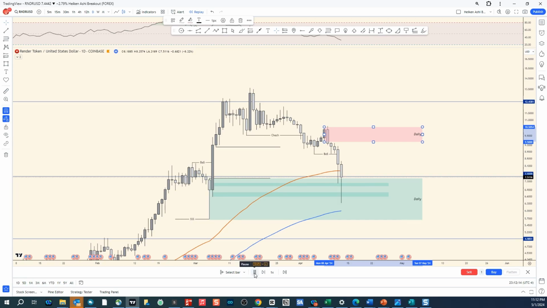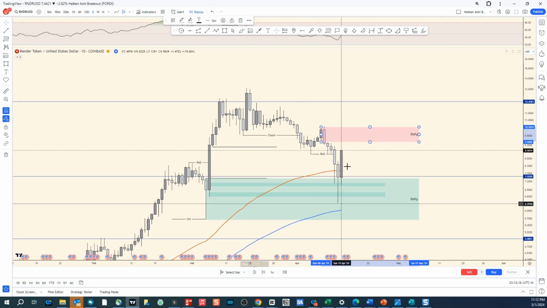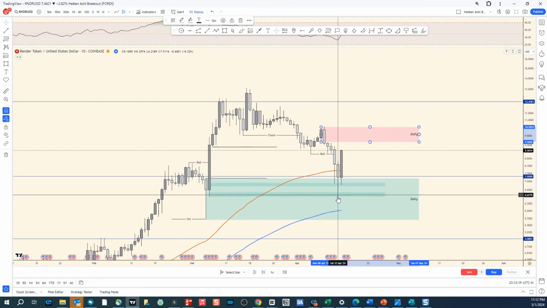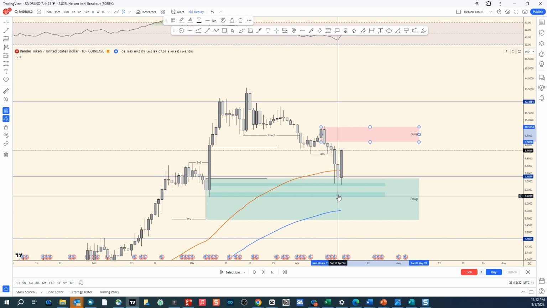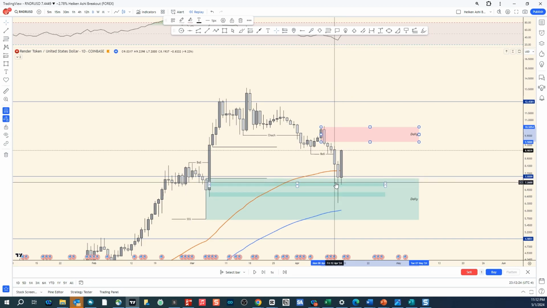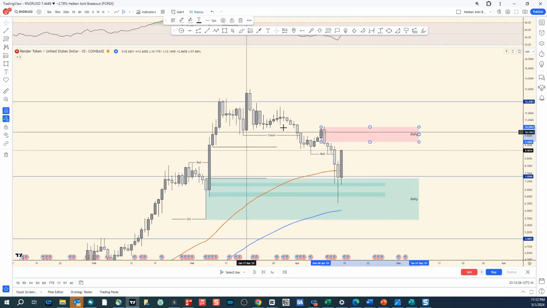Okay, so I would essentially be in this trade right now for both orders. And another confluence that you can add to your strategy that I typically do is I do incorporate the fib as well.